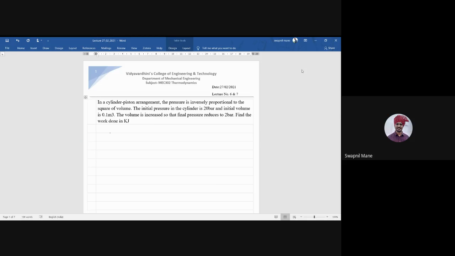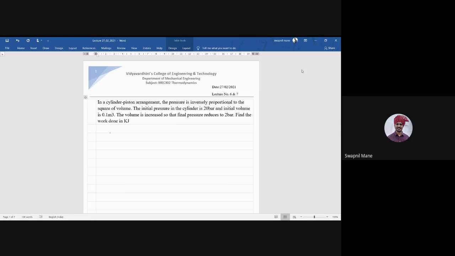The basic formula for thermodynamics is summation of Q is equal to summation of W. But then it gets modified as summation of Q minus summation of W will be equal to delta U, that is the change of internal energy.